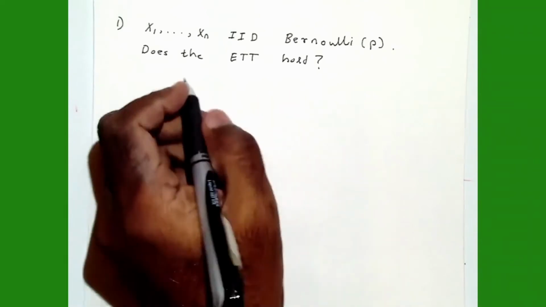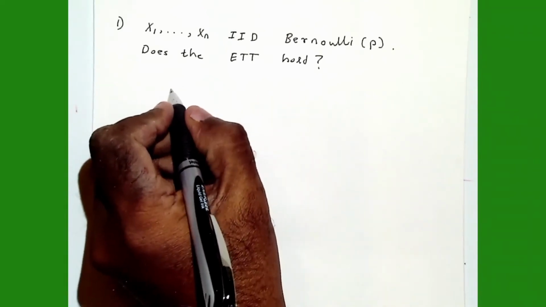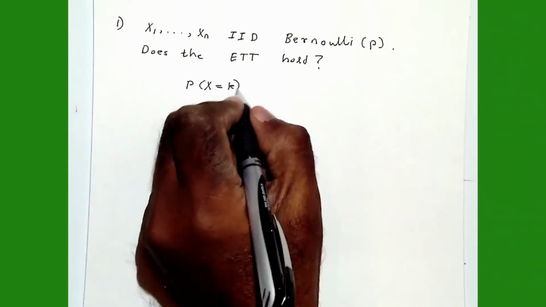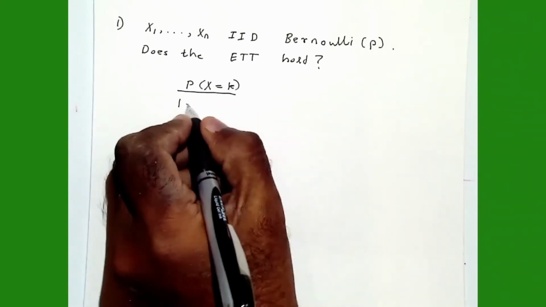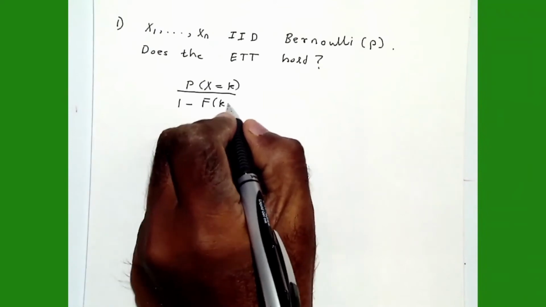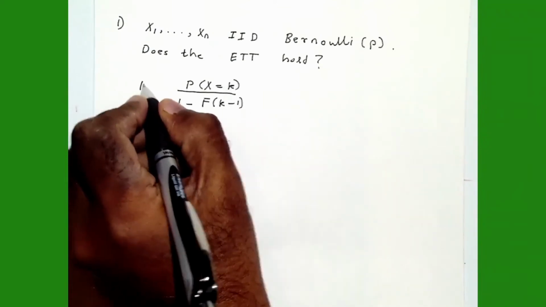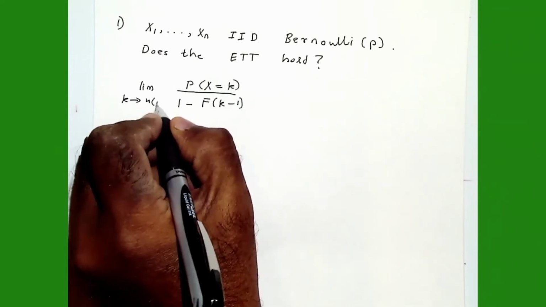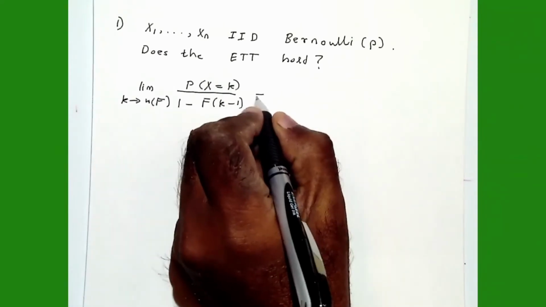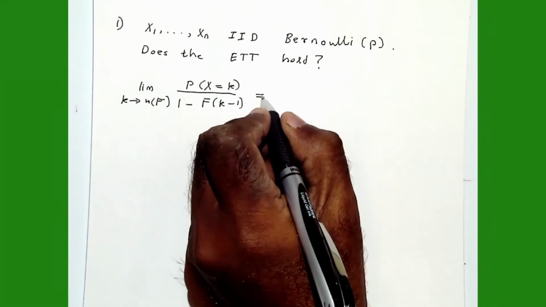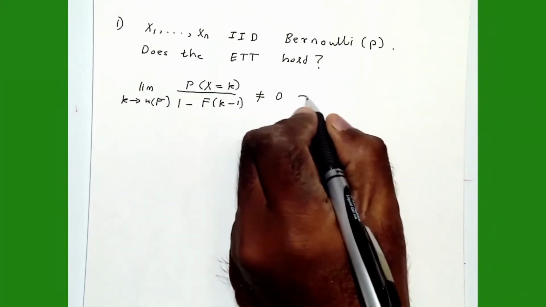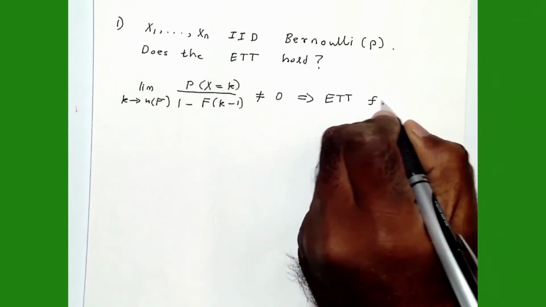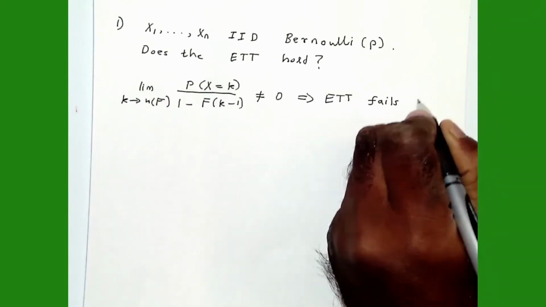I can write down the condition you need to check. I don't know whether you remember this, so I will write it down again. If the limit of this as k approaches w of f is not equal to 0, then this implies that the ETT fails to hold.